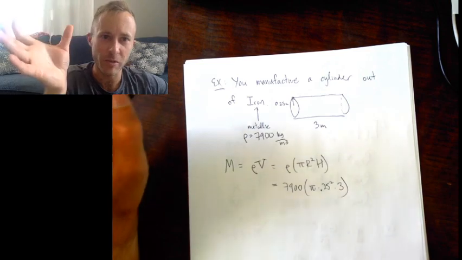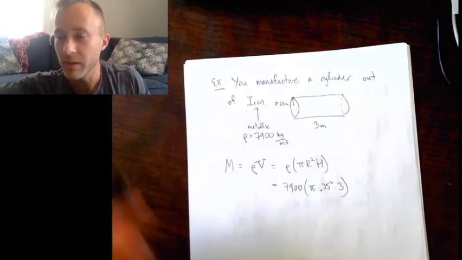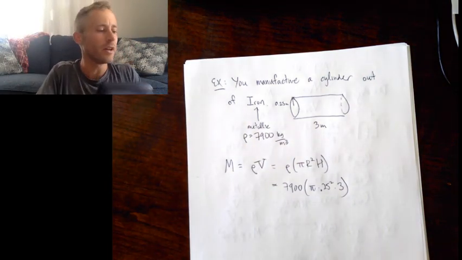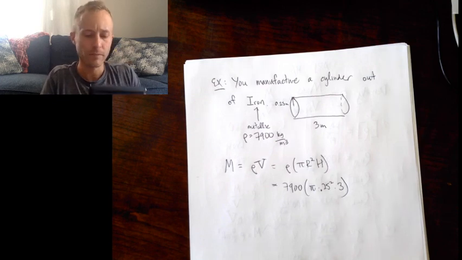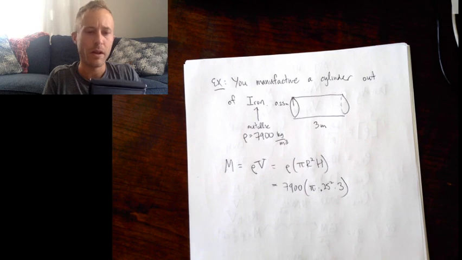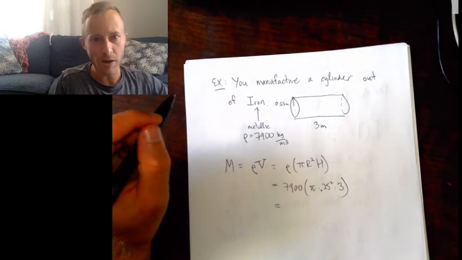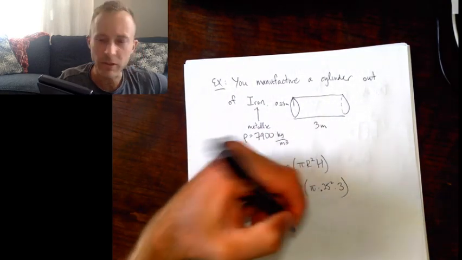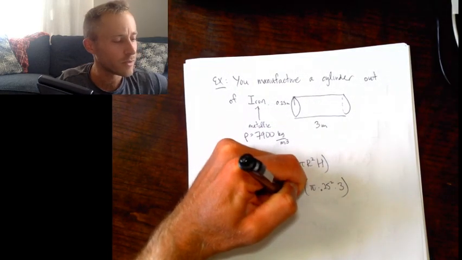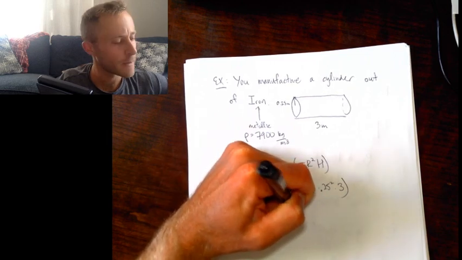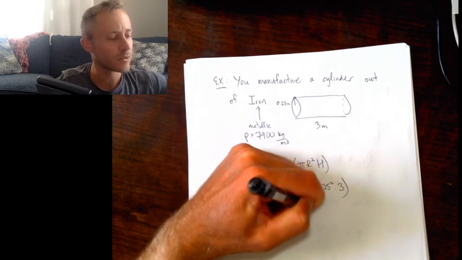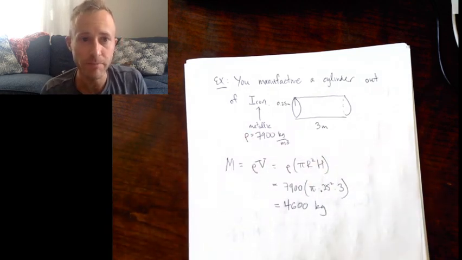The cylinder's sideways, so its height is its width, I guess. Plug that in. And I get that this iron log would have a mass of 4,600 kilograms, approximately. Quite heavy.